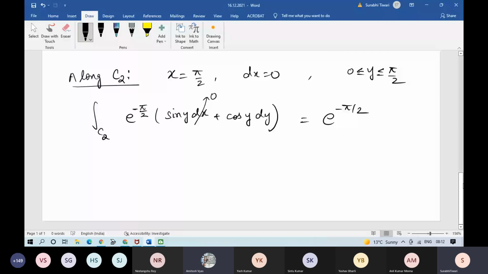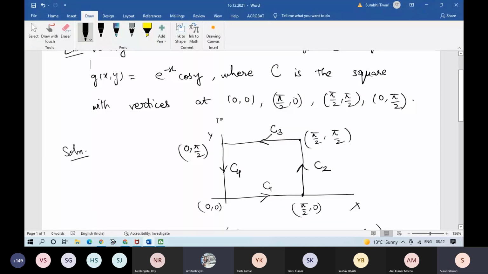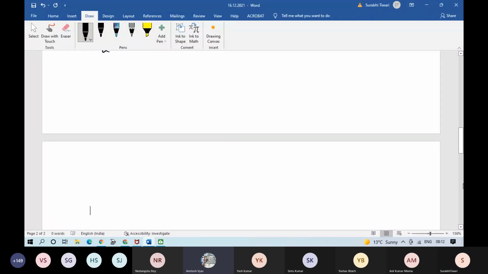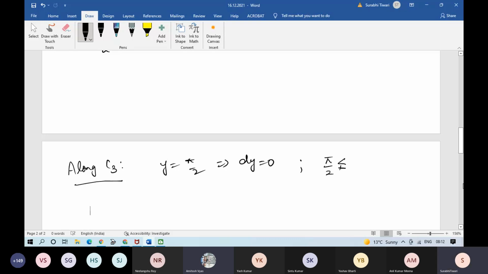Now what is C3? C3 is the line y is equal to pi by 2. So this means again dy is equal to 0 and x varies from pi by 2 to 0.